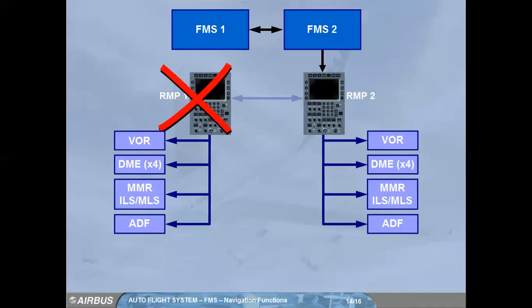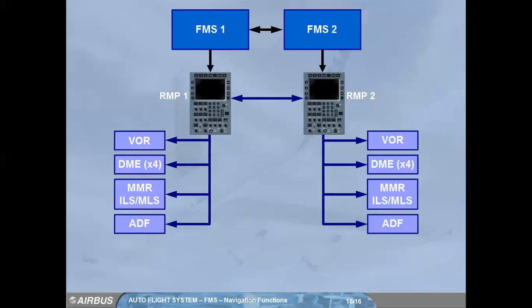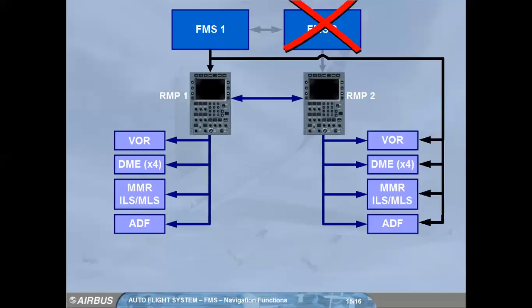If an RMP fails, the tuning information is still sent from the FMS to its on-side navaids. In single FMS mode, or in case of communication failure between a FMS and its on-side RMP, the available FMS will tune the navaids of both sides.